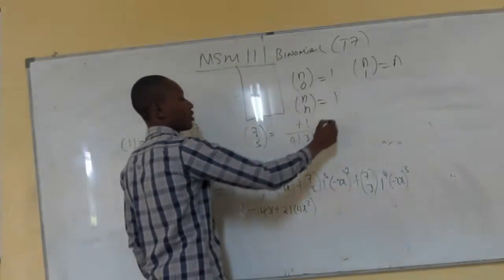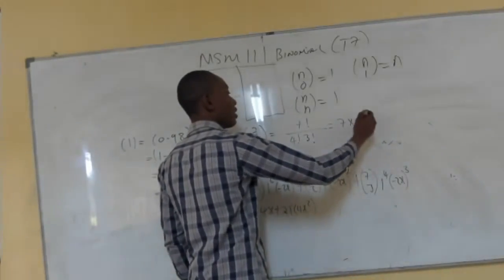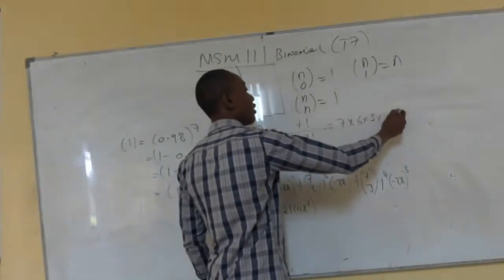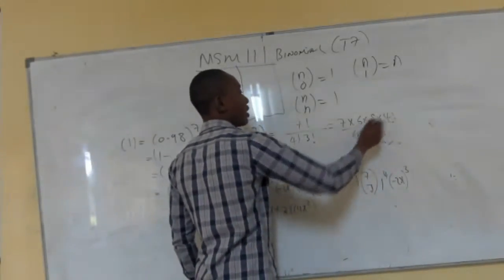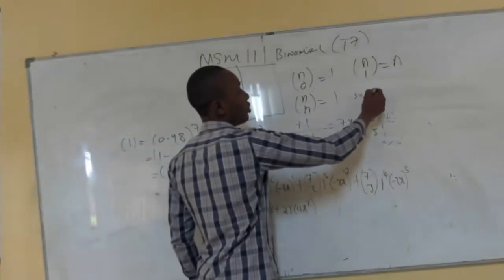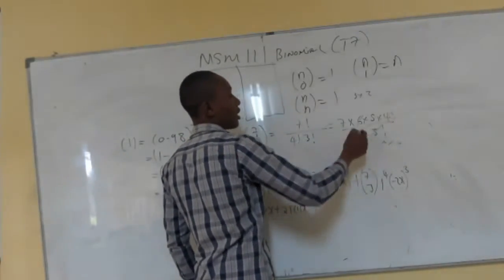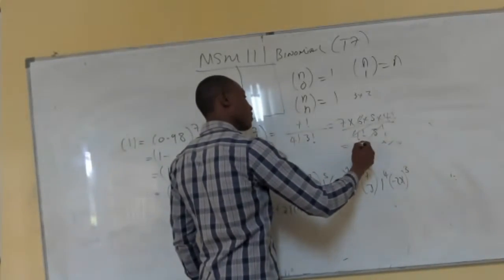Factorial 3 factorial, so this is 7 times 6 times 5 times 4 factorial over 4 factorial, 3 factorial. This and this will cancel. Now 3 factorial is 3 times 2, which is 6. So 6, that 7 times 5 is 45.